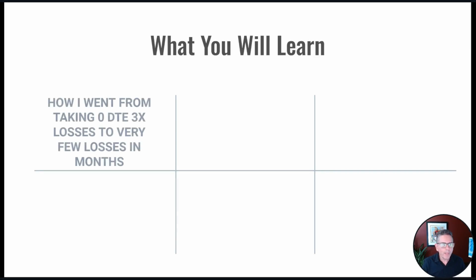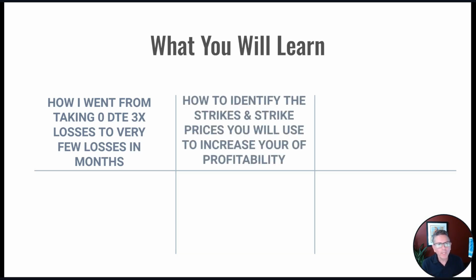Number 1, how I went from taking 0DTE 3x losses. 3x means that when you put on a credit spread, you're actually taking money from the market and using that to place those trades, so you're selling before you buy. Okay, and we'll talk more about that. Number 2, how to identify strikes and strike prices that you'll use to increase your profitability.